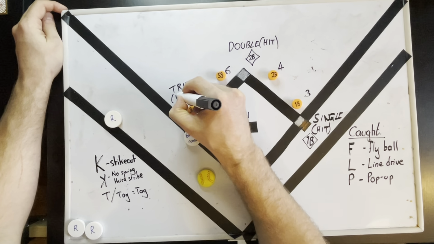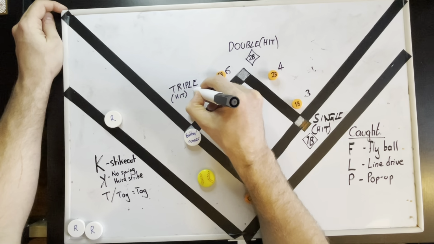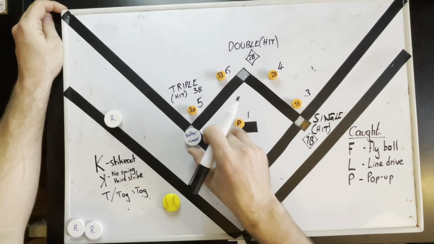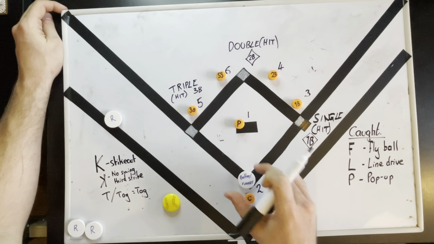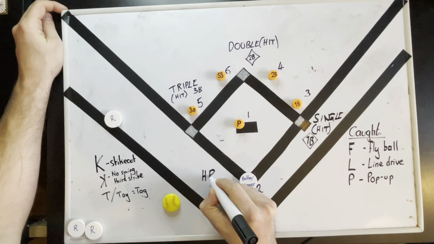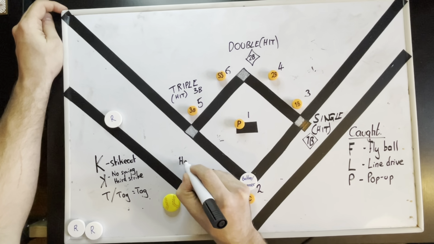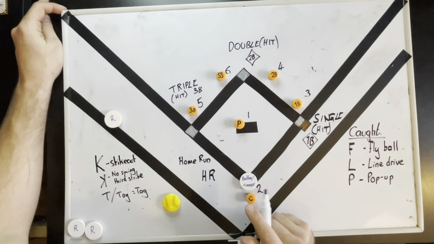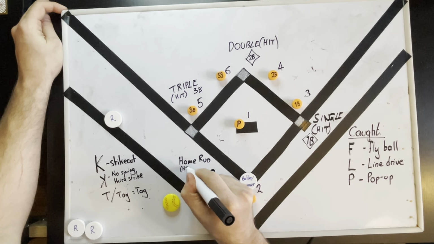And that is also classed as a hit, and you'll see it written as 3B. And the granddaddy of them all, if you get all the way around back to home, you get what's called a home run. HR, home run. And that obviously also counts as a hit.